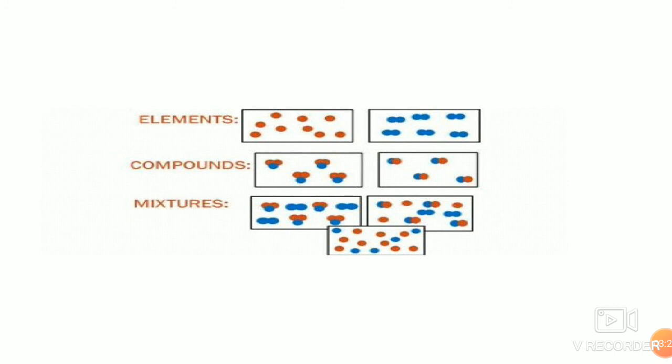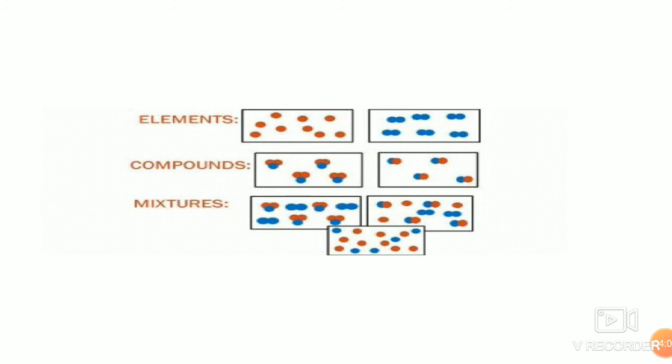That means a compound is a pure substance formed by chemical combination of two or more elements in a definite ratio by mass, right? Definite ratio, two red balls and one blue ball. See the second box of compounds, one red ball and one blue ball in each figure, right? It shows that it contains a definite ratio by mass.